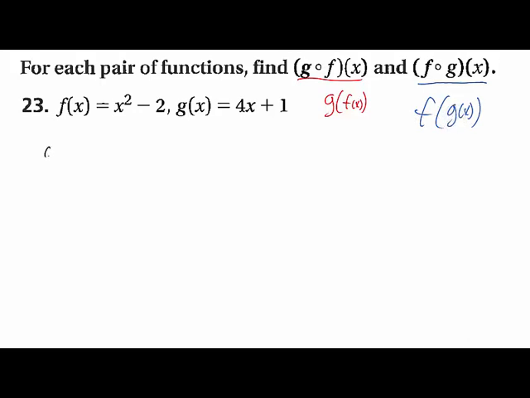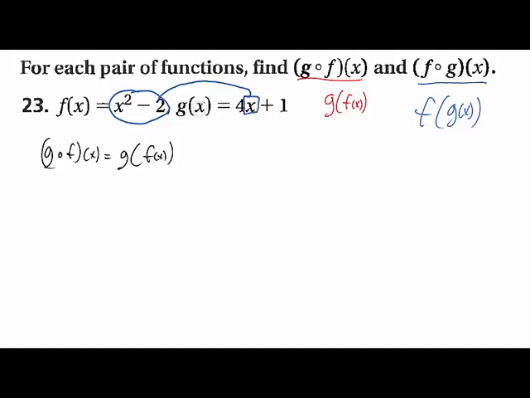If we're going to do g composed of f of x, and I prefer to write it this way, g of f of x, we're going to first do f of x, then we're going to feed that into g's argument here.